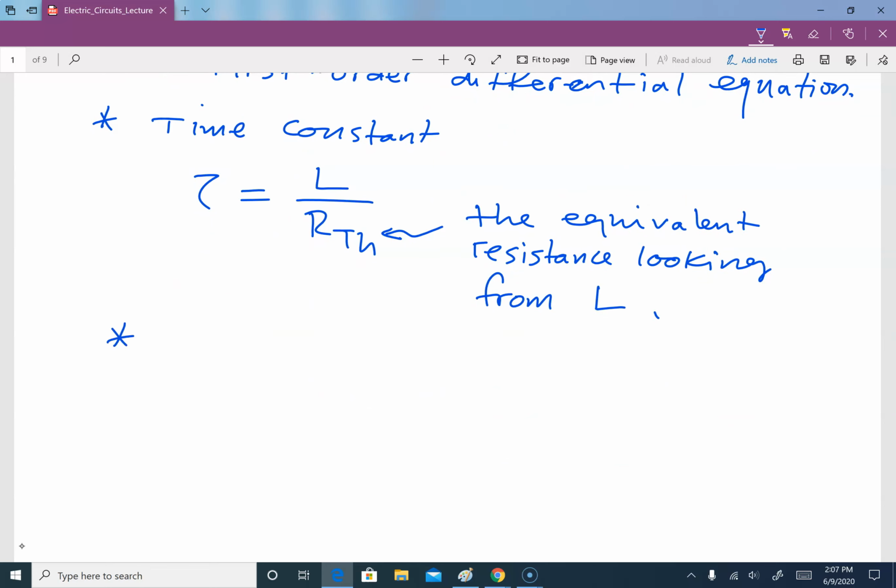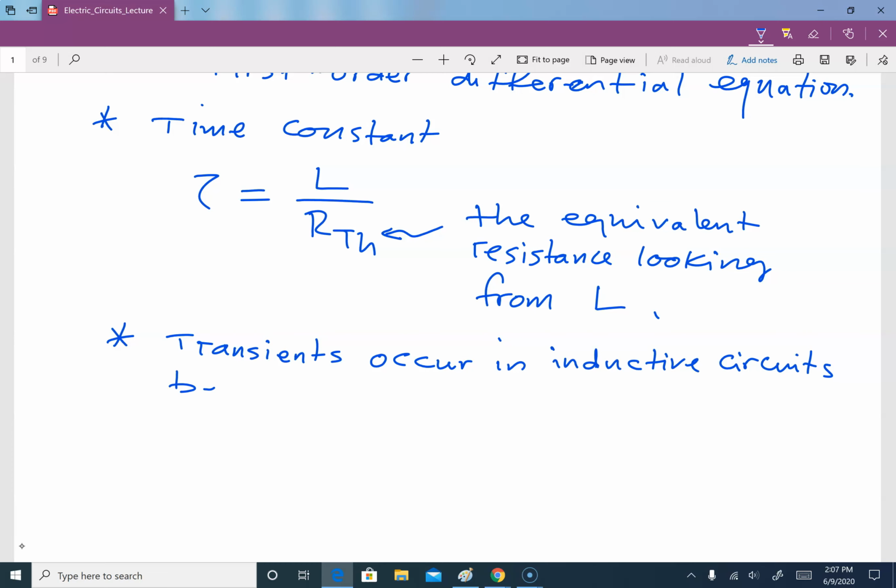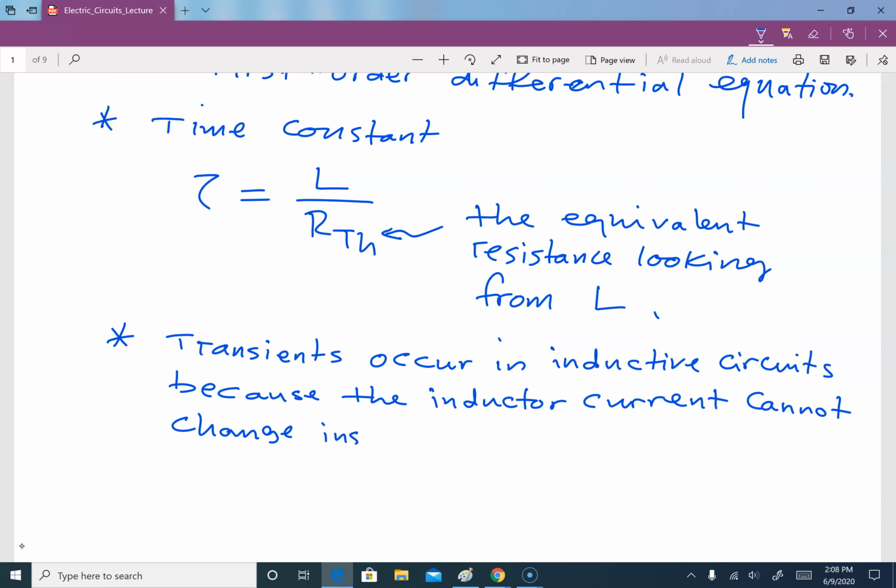The third thing that you should know is that transients occur in inductive circuits because the inductor current cannot change instantaneously.